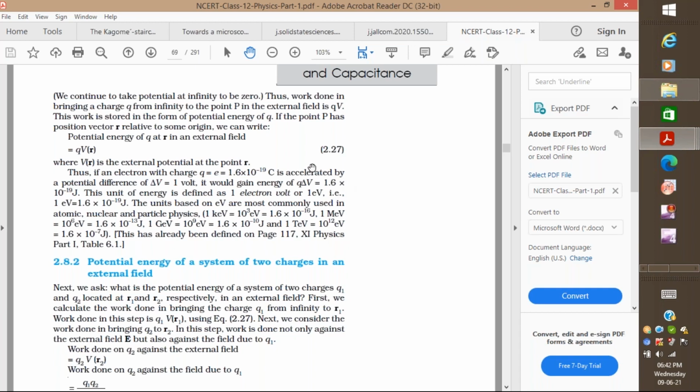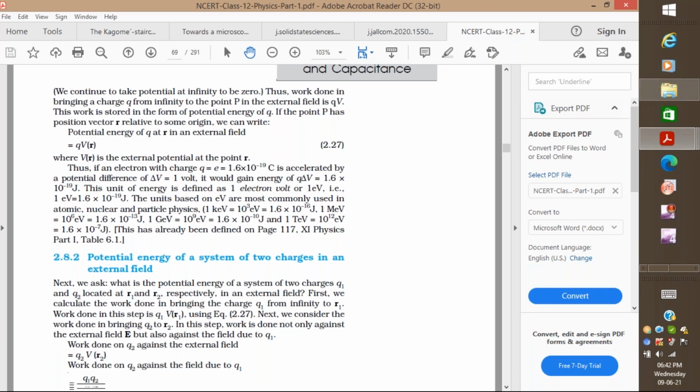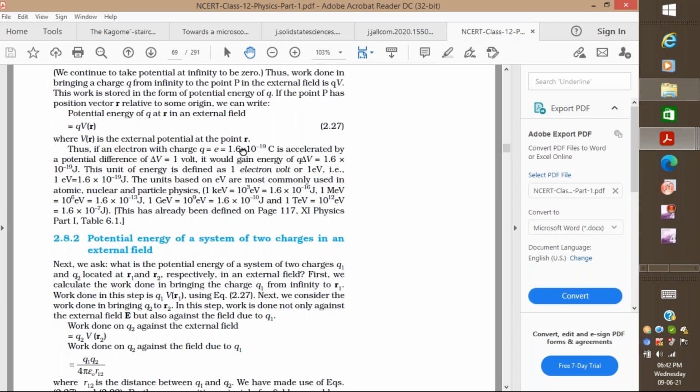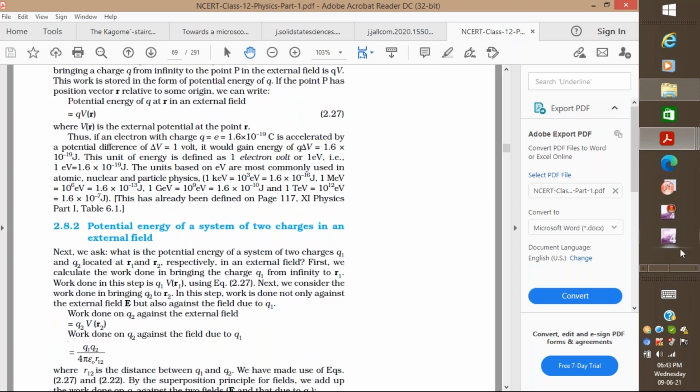So look, this is another unit of energy. If this V is 1 volt, that means the average voltage in this particular region is 1 volt. Then the potential energy, or the work done to accelerate that charged particle through that region, is 1 electron charge times the volt.